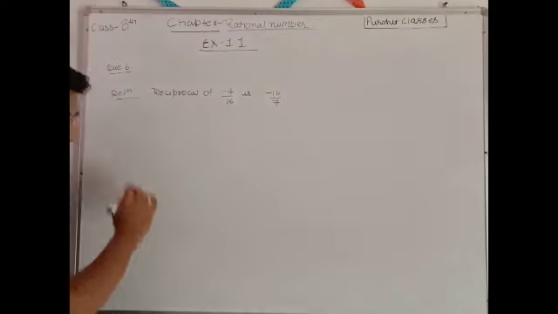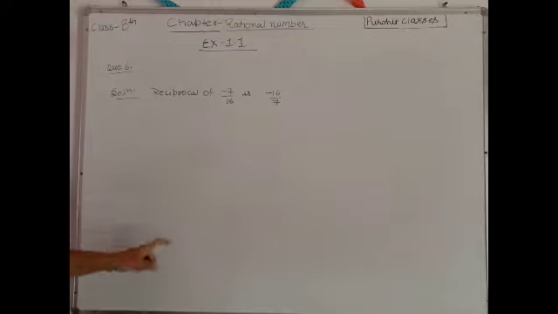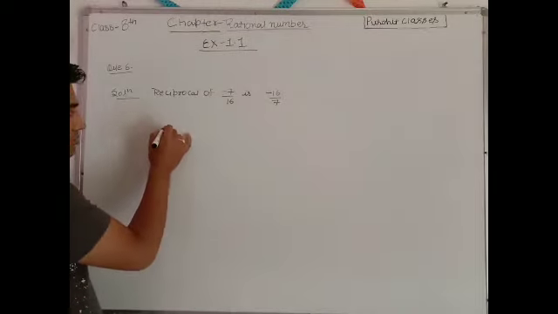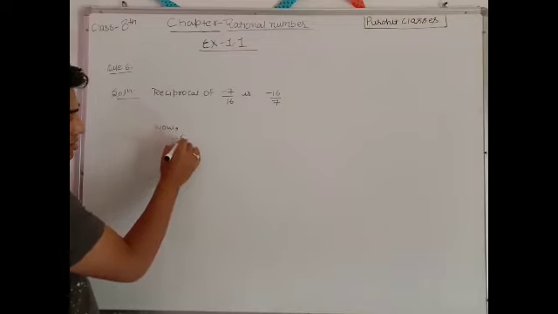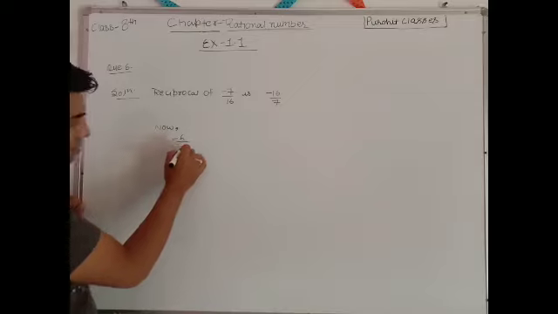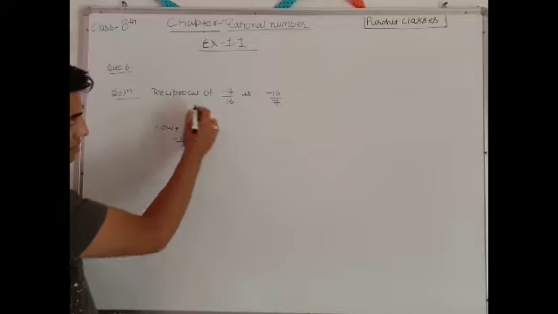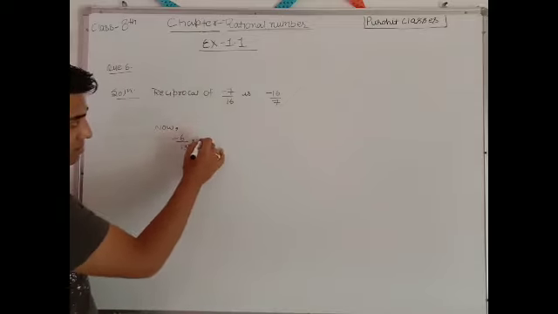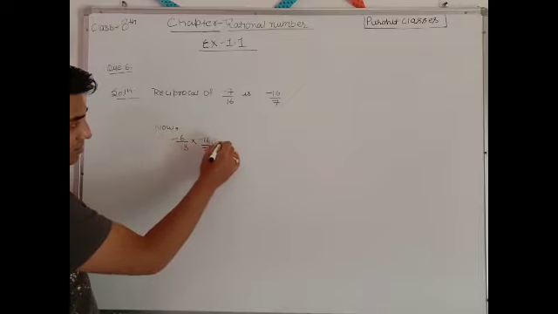Understood? Now what we have to do? We have to multiply 6 by 13 by the reciprocal of minus 7 upon 16. So now 6 by 13 should be multiplied by the reciprocal of minus 7 upon 16, that is minus 16 upon 7.